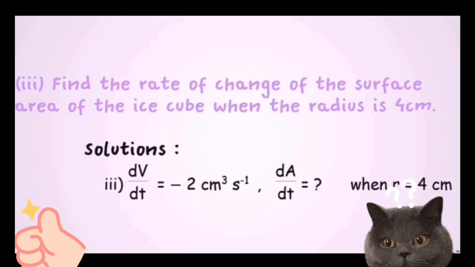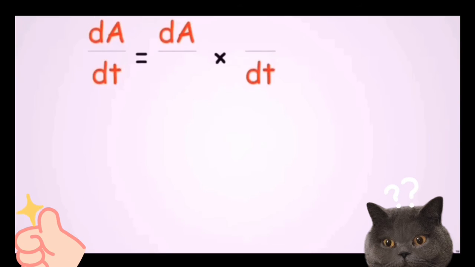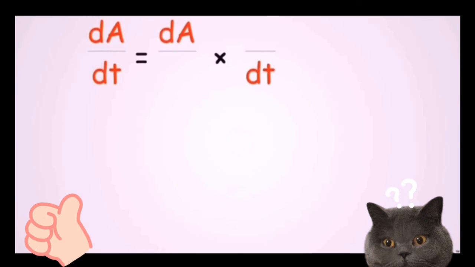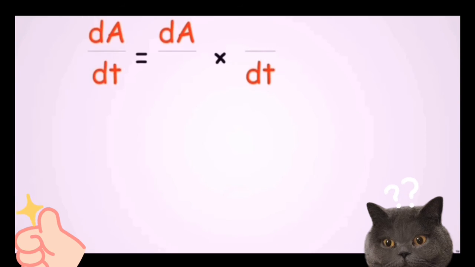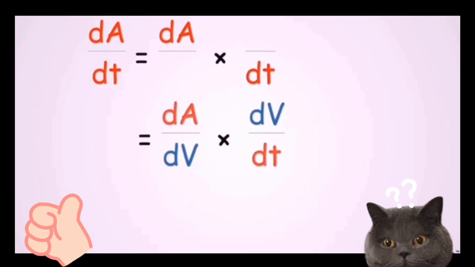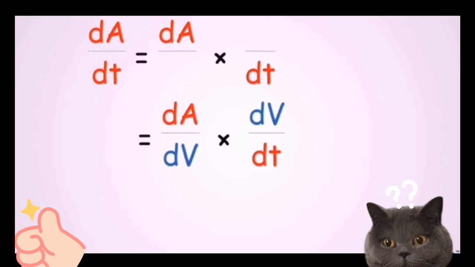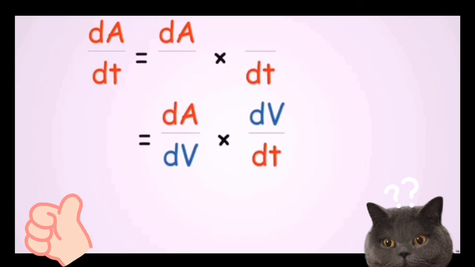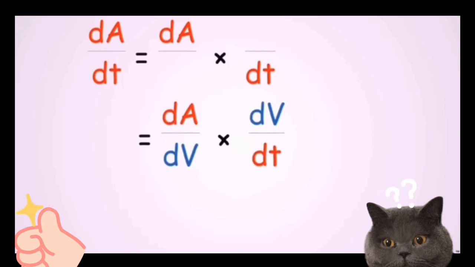Next, after getting the information from the question, we must know what the question wants. So the question wants to find dA over dt, and to find it we make an equation, which is dA over dt equals dA over what times what over dt.